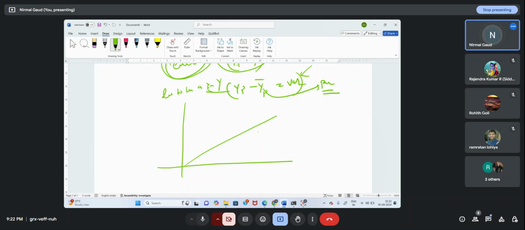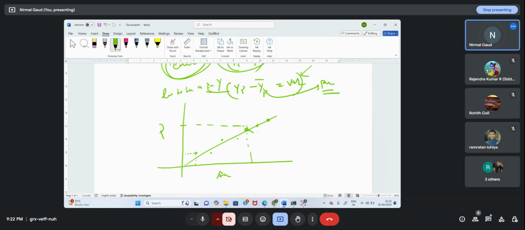See, understand what I'm trying to say. Let us suppose this is actual, this is predicted. If the actual and the predicted, one point is coming here, one point is coming here, some are coming over the line, that means actual and predicted are the same points, no error, and they are also catching the line.